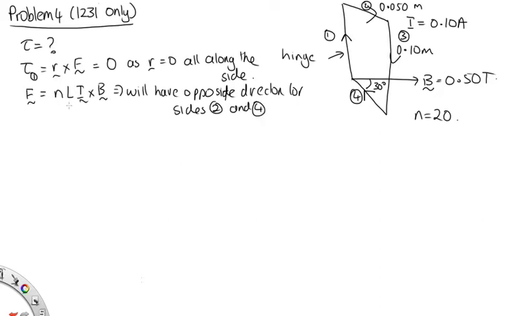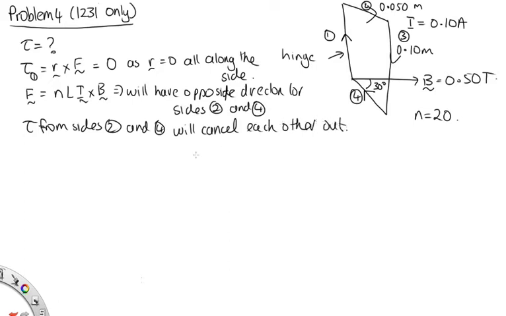But apart from that, it will have the same magnitude. And so the torque, because F has the opposite sign, the torque will also have the opposite sign. And so the torque from sides 2 and 4 will cancel each other out. So that's nice. That leaves just side 3 to consider.